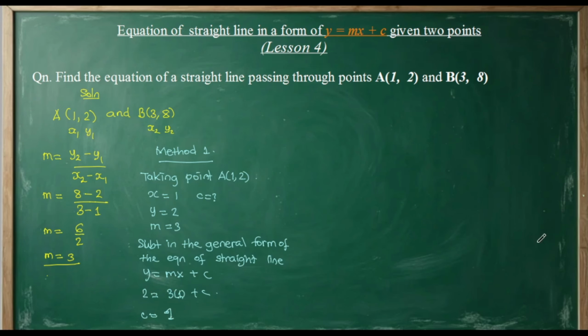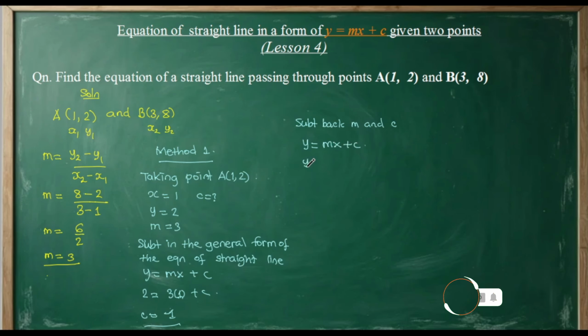So having written negative 1, then we can go ahead and substitute back the values of m and c. So here we say substitute back m and c in this general form of the equation y equals mx plus c.